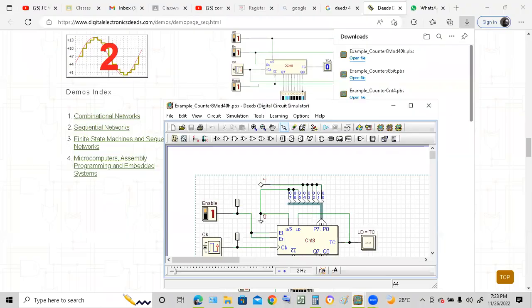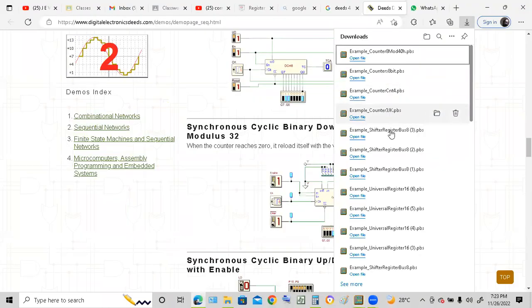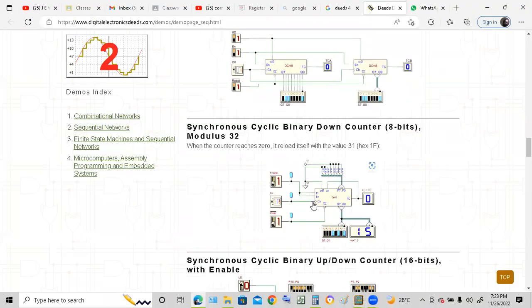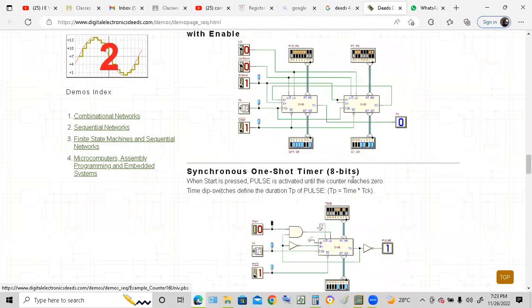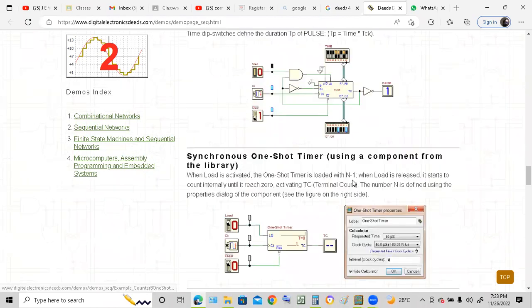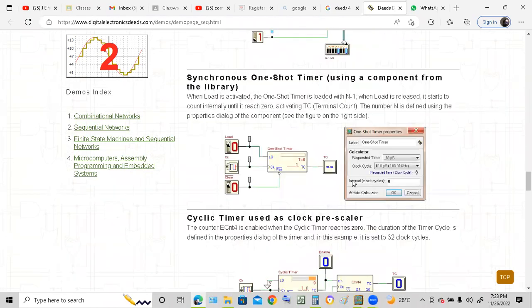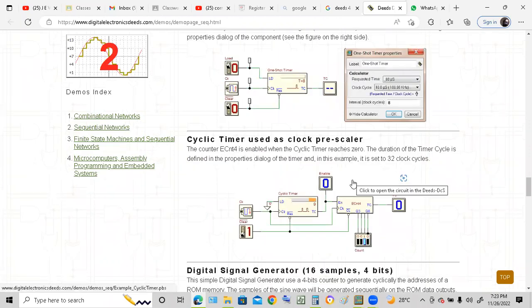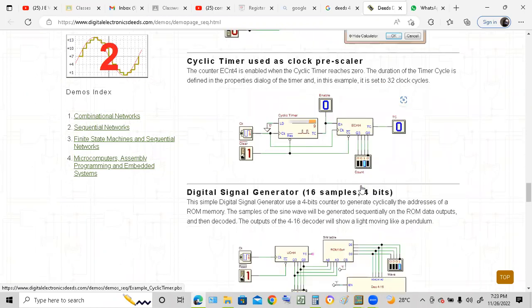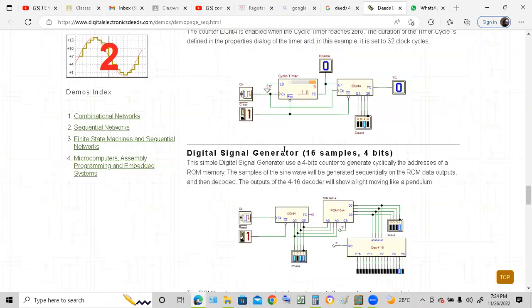All right. Look at another one, another one that is like an up down counter. All right, here's an up down one. But this one does have this alone. So I want to use one of them. It's a one-shot timer, prescaler. We're gonna look at these next class.